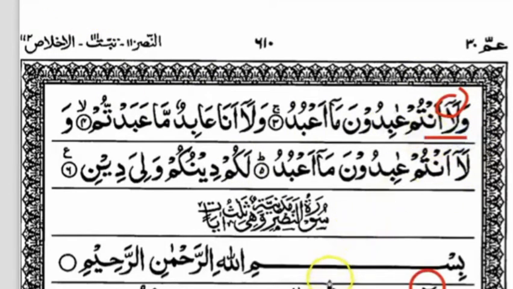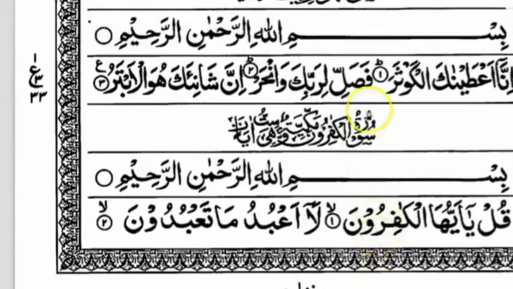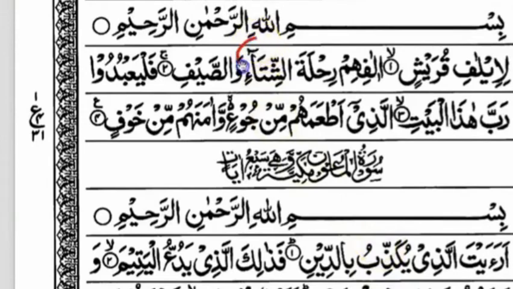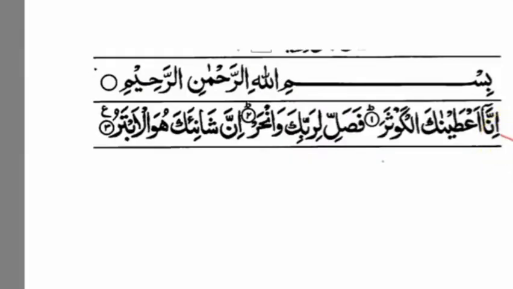Wala antum. Wala. There as well. Ma. Wala. Okay, so I just want to point out to you guys where these occur in the Quran and how you identify them. Over there is one there. Shita. So these are the signs that you need to look out for.